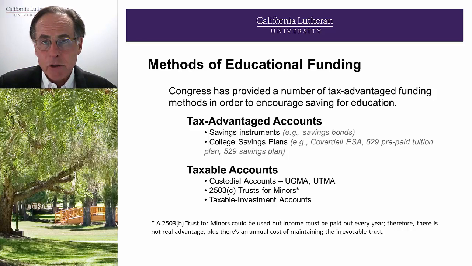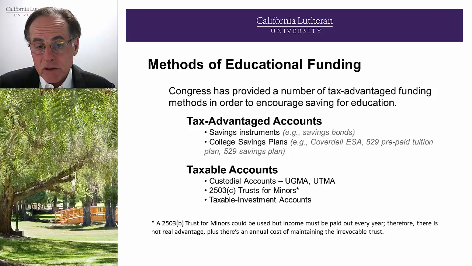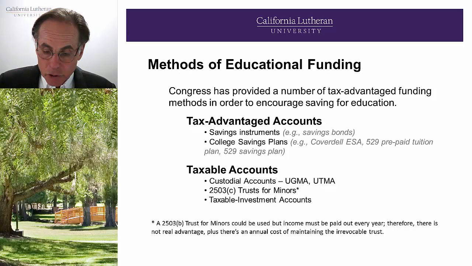These strategies include the custodial accounts, UGMA and UTMA, Trust for Minors, 2503B, 2503C, and taxable investment accounts. Your job is to match the client with the right strategy or product and to educate them on the importance of starting early. Let's look at these alternatives.